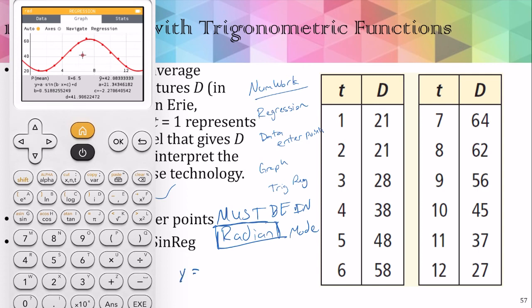All right, y equals a, which appears to be 21.3, sine b is 0.52, x, but we're using t, plus c, which is actually a minus 2.27, and then it's plus d, plus 41.9.